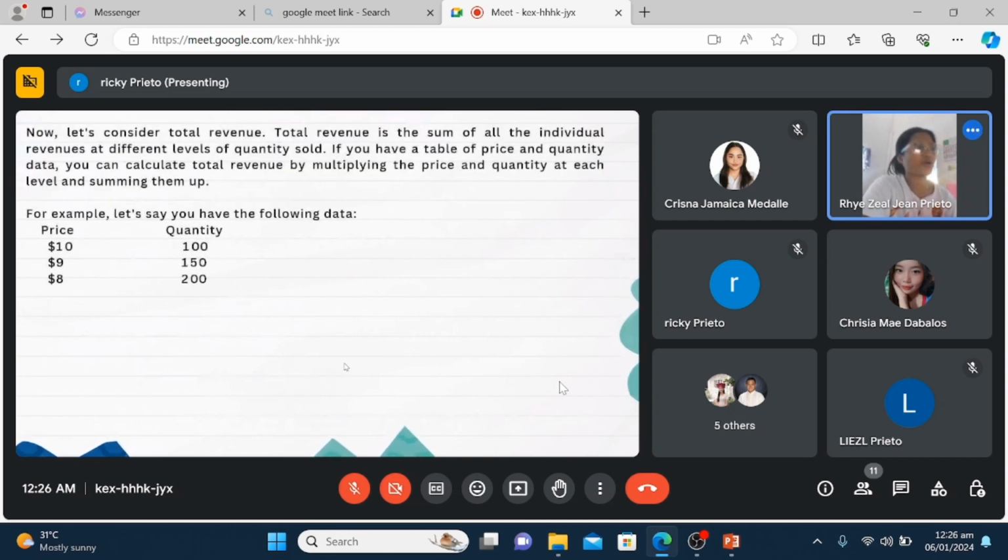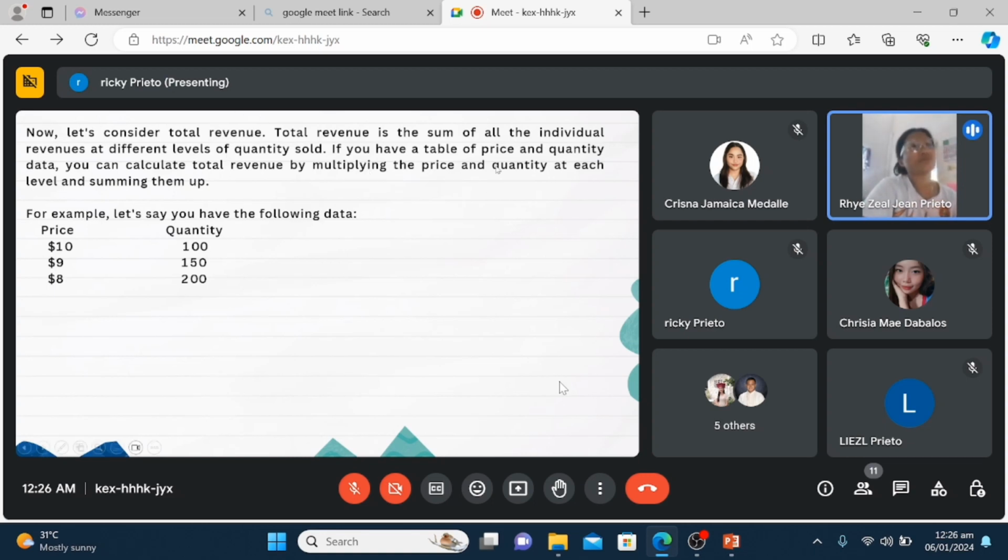Next, we have to calculate the total revenue. Again, the total revenue is the sum of all individual revenues at the different levels. There is a sequence to getting the total revenue: you multiply first, then you add them all.